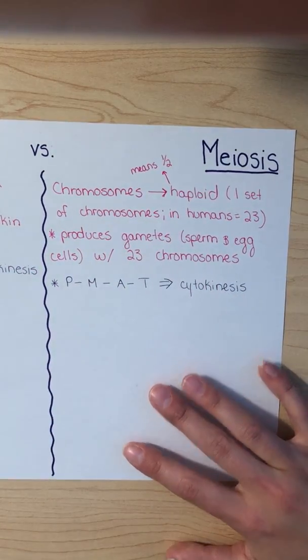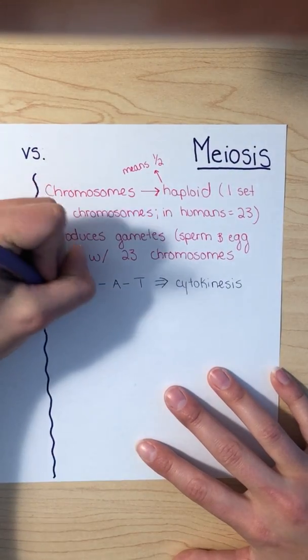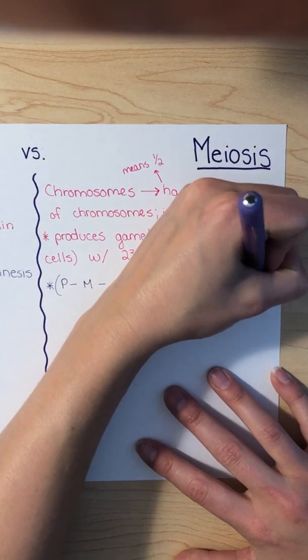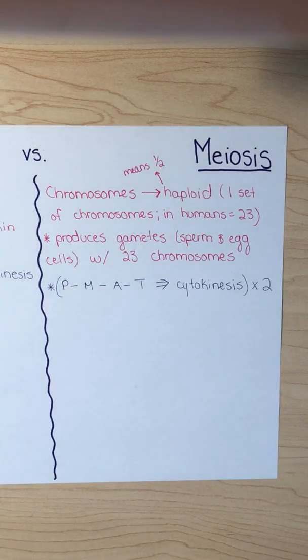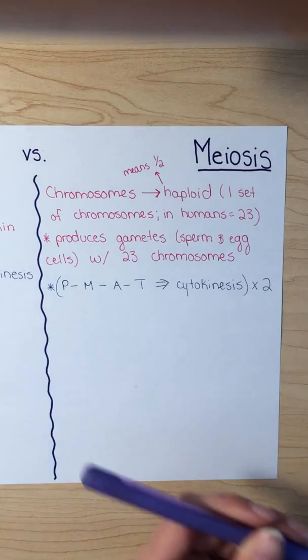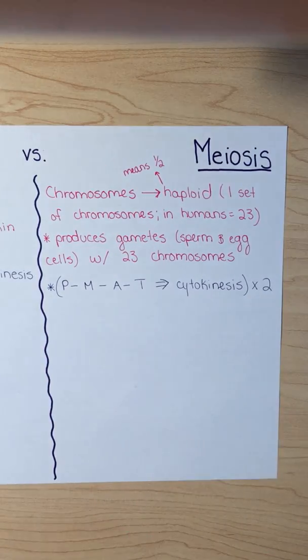but the difference is that this process in meiosis happens twice, multiplied by 2. Okay? So meiosis undergoes PMAT twice. Okay? So instead of just calling it prophase, metaphase, anaphase, and telophase, in meiosis we add numbers after each of the phases to indicate which prophase it's in or which metaphase it's in.